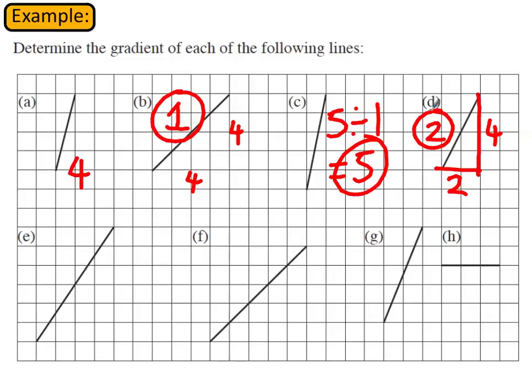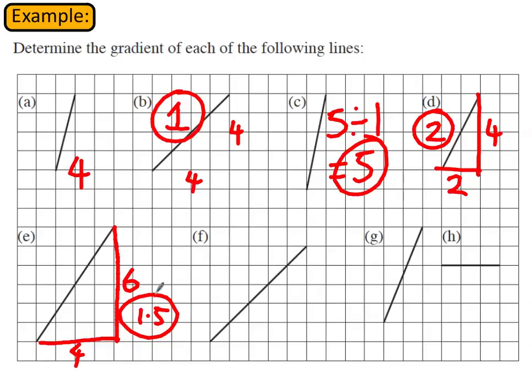In section E, we've got a change in y of 6, and a change in x between the 2 points of 4. So we've got 6 divided by 4, which is 1.5, and there's our gradient for that line.